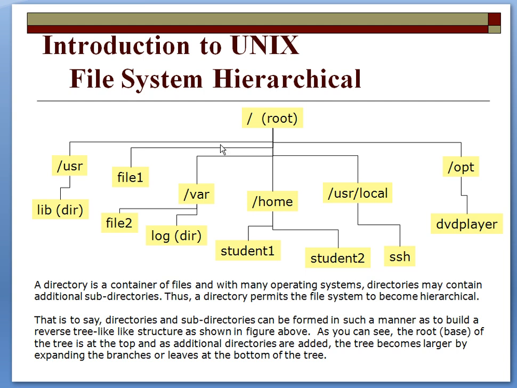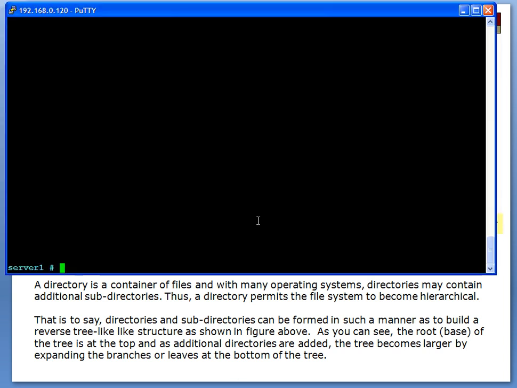So the top is the root file system, and everything starting at the slash is referred to as the root file system. The user who is the administrator is also referred to as root. So everything else goes down from there. You can have files directly from root, or you'll have separate file systems. So here's an example.